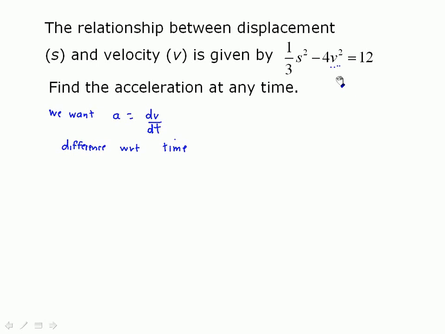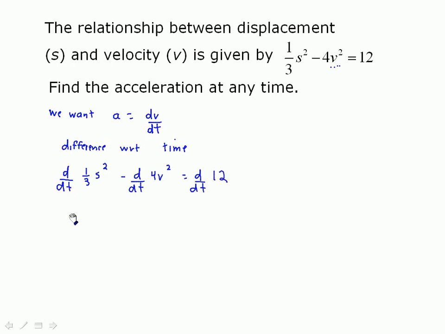Here, we're taking it with a variable that is outside, that is not given to us. So we want to be careful. So d dt of the 1/3 s squared minus d dt of 4v squared is equal to d dt of 12.